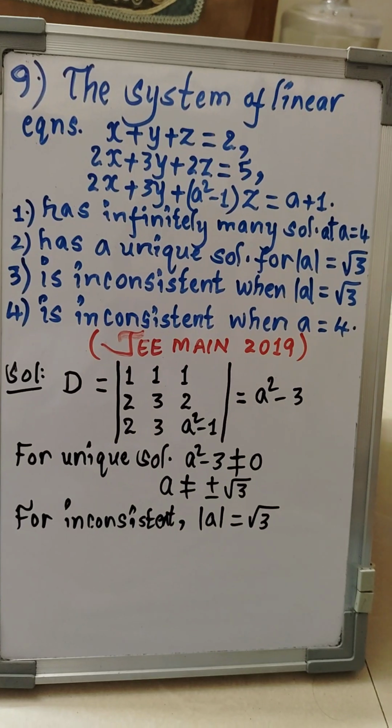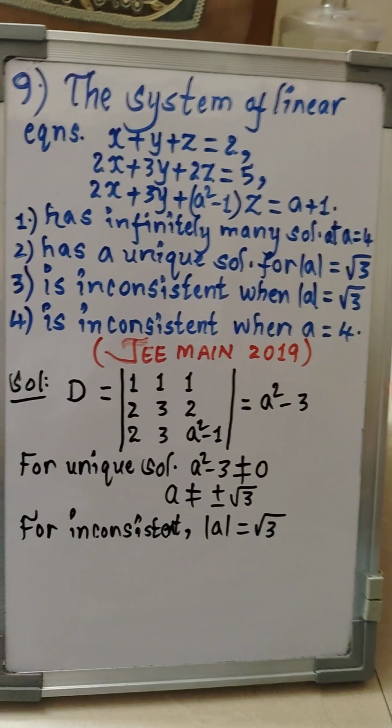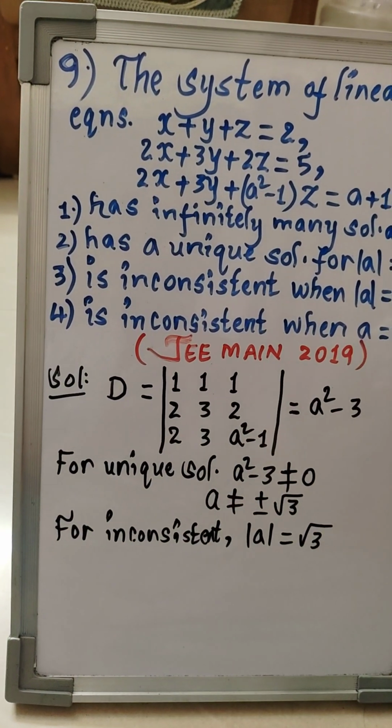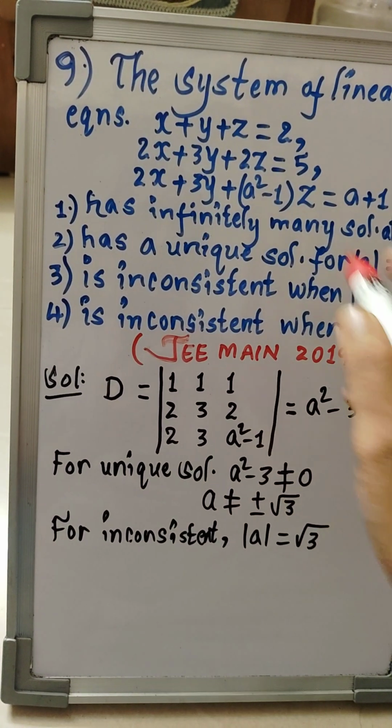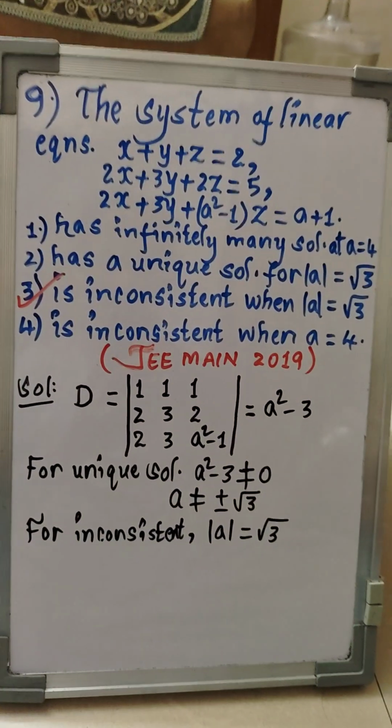So our right option will be the third option: inconsistent when mod a equals root 3. The third option is the right option.